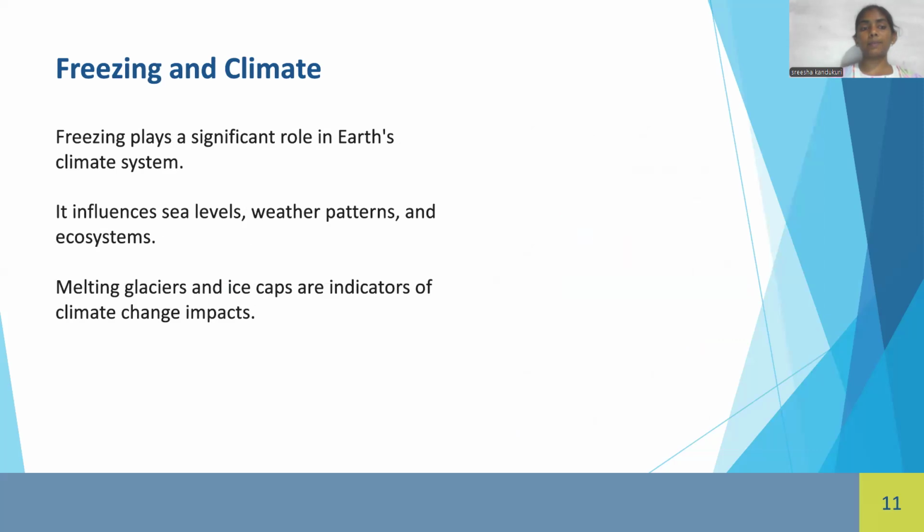Freezing and climate. Freezing plays a significant role in Earth's climate system. It influences sea levels, weather patterns, and ecosystems. Melting glaciers and ice caps are indicators of climate change aspects.